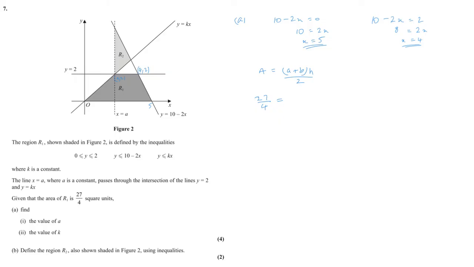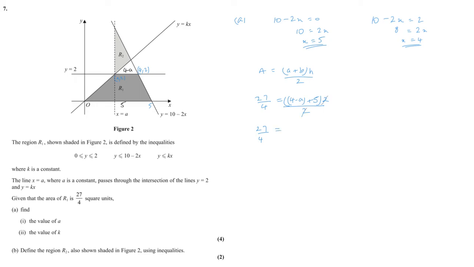Now A is 4 minus a. The distance along the top here, I'll do it in black, this is 4 minus a, and this distance is 5. Plus 5. Now the height is 2, so times by 2 divided by 2. So now I've got 27 over 4.